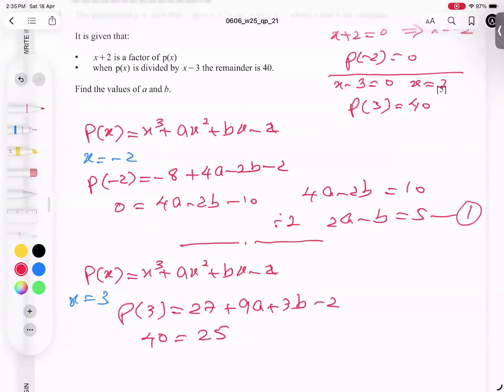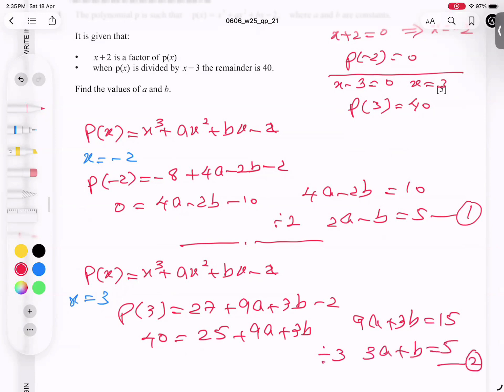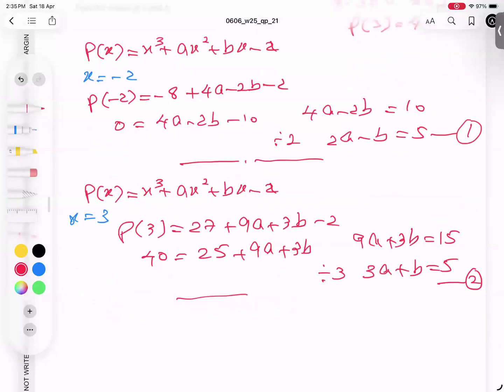Here I got 25, because of these two numbers, and I got 9a + 3b. I'm writing 9a first, 3b later, and equals 25 will go there. I subtracted, I got 15. But again, I can divide the whole equation by 3. I got 3a + b = 5, equation number 2.